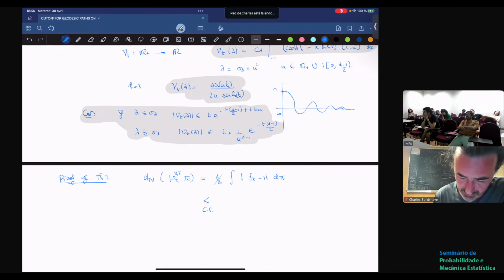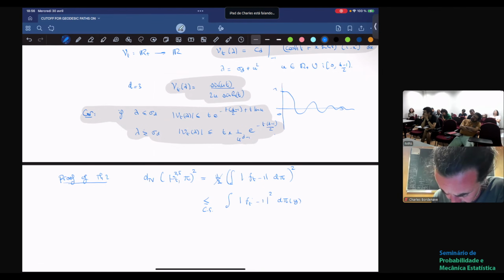So you forget about that. It's less than the integral, so maybe I will put a square here. The square is here, so you can put the square inside. But now maybe I should write what I'm integrating: f_t of y minus 1 dpi(y).